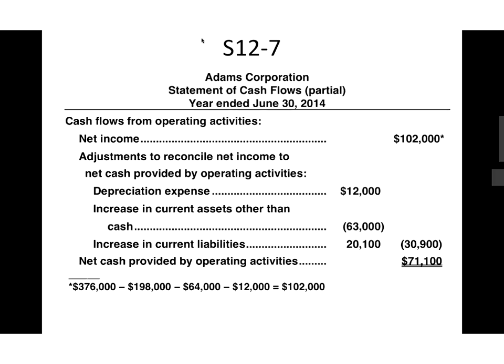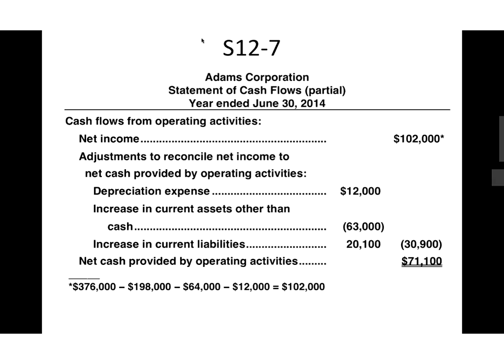At that point, there would typically be a line between the 30,900 and the 71,100. Again, the 30,900 is the depreciation, the 12,000 minus 63,000 plus 20,100. Then I got the 71,100 by taking the 102,000 net income and subtracting the net adjustments of 30,900.